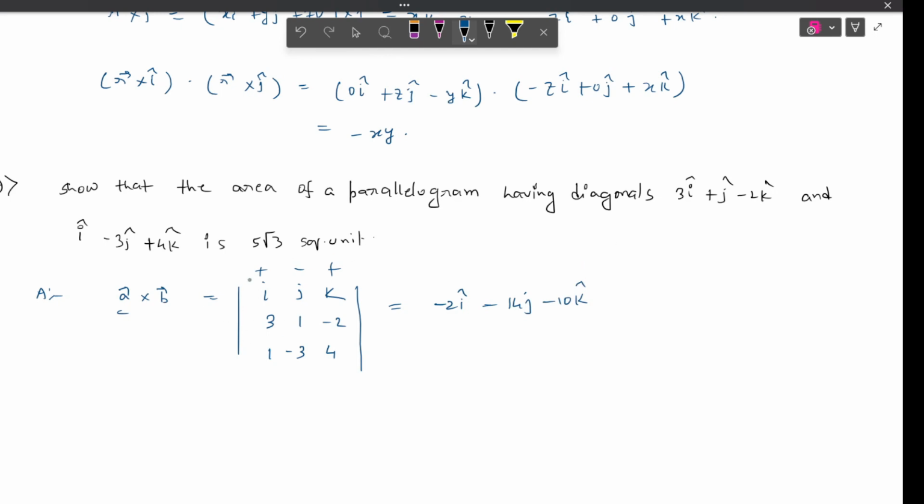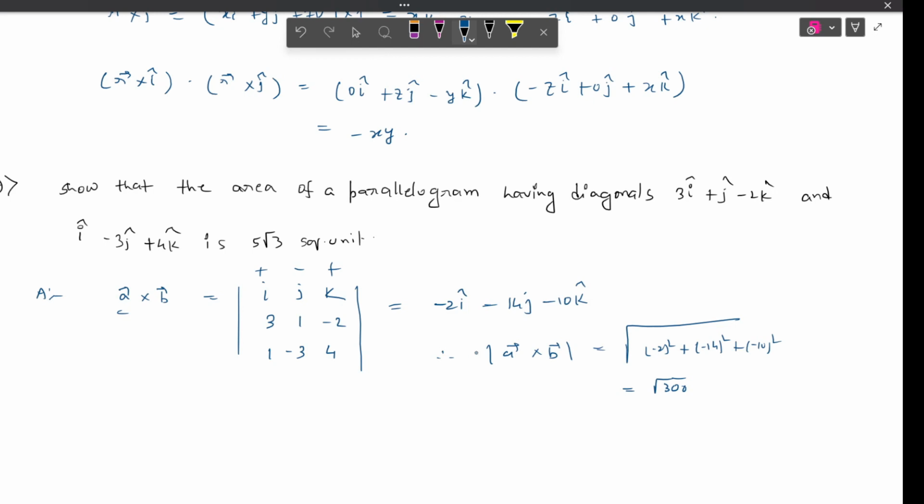Now area of parallelogram is modulus of this. So modulus of a cross b is square root of x square plus y square plus z square, that is minus 2 square plus minus 14 square plus minus 10 square. So this is root under 300. Okay.